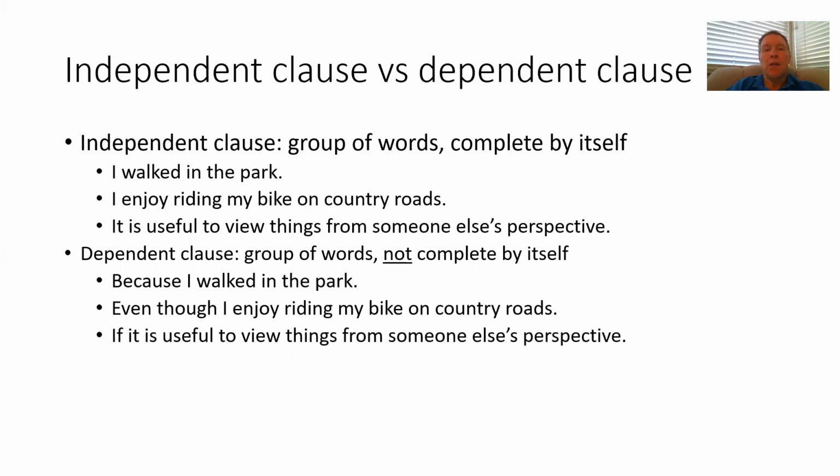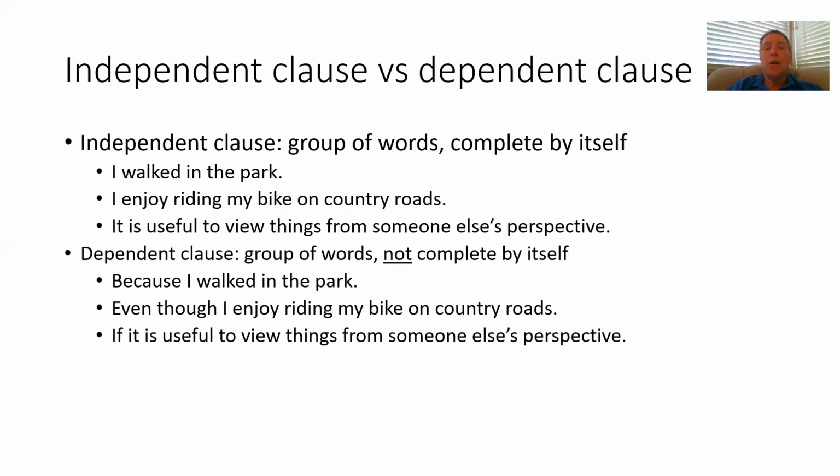Independent clauses are groups of words that are complete by themselves, okay? So if I say, I walked in the park, that, like I said, is a complete sentence. I enjoy riding my bike on country roads. It's useful to view things from someone else's perspective. All of those are independent clauses because not only do they have a subject and verb, I walked, I enjoy, it is, but they also are complete by themselves.